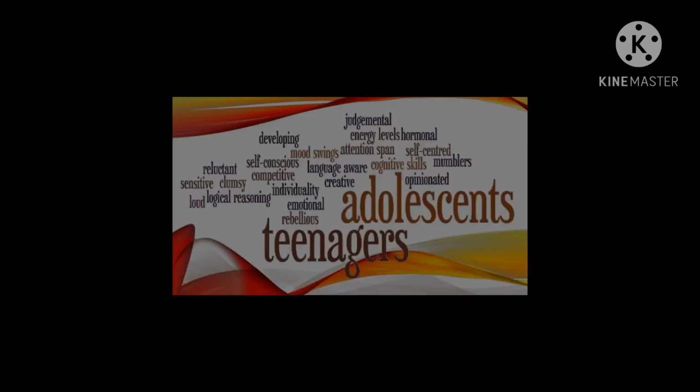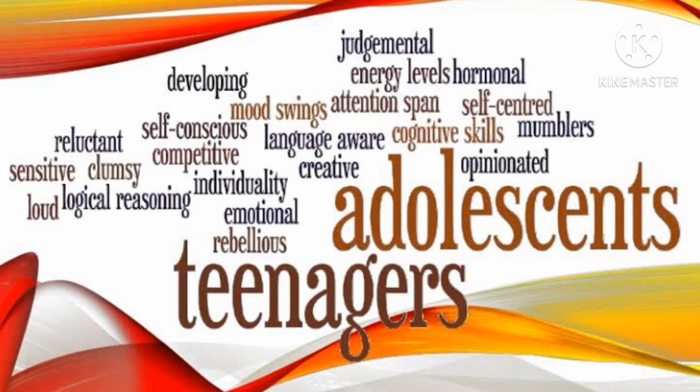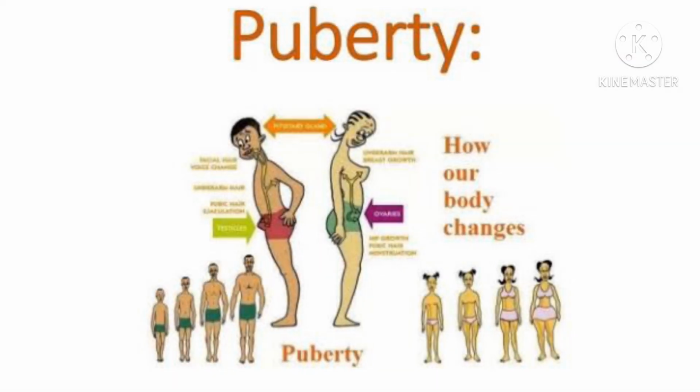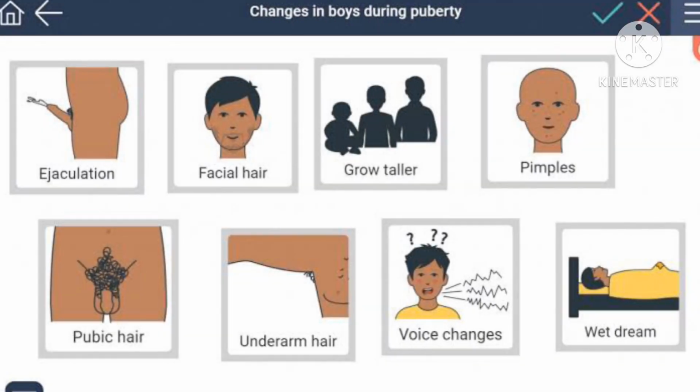period. Here are the different changes during adolescence. Number 1 is the physical changes. The reproductive organs of both boys and girls grow and develop. Primary sex characteristics are those directly related to the sex organs.